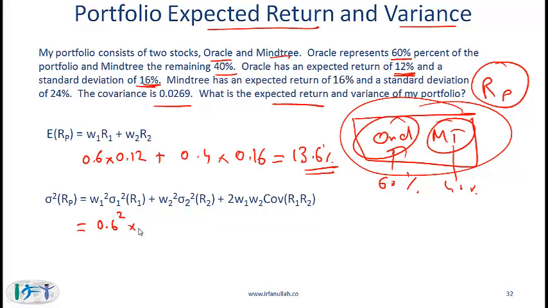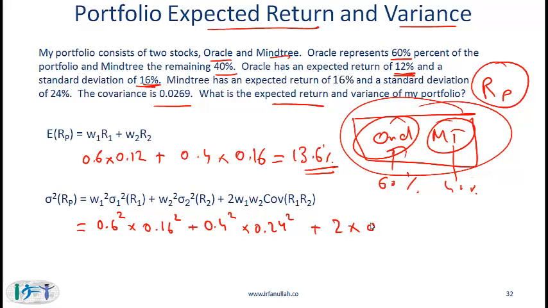So you do times 0.16 squared plus the weight of the second stock squared. The second stock is Mindtree. The weight is 0.4. So we have 0.4 squared. And then the variance of the second stock, which is 0.24 squared, plus 2 times the weight of the first stock times the weight of the second stock.